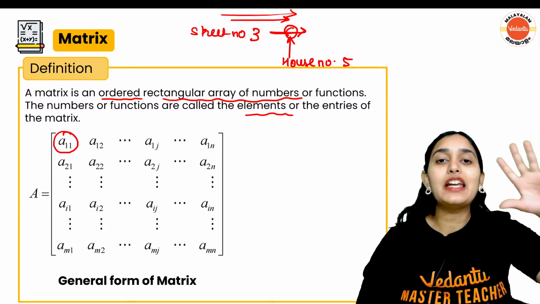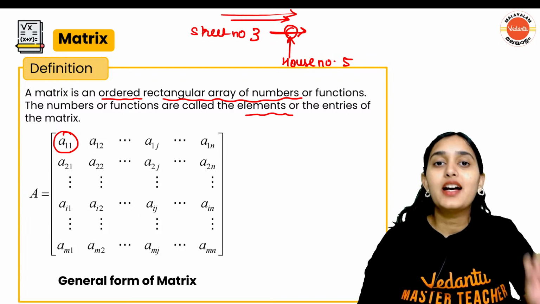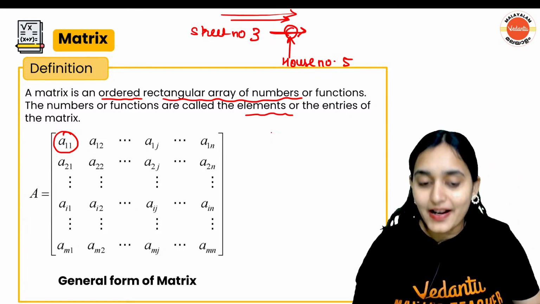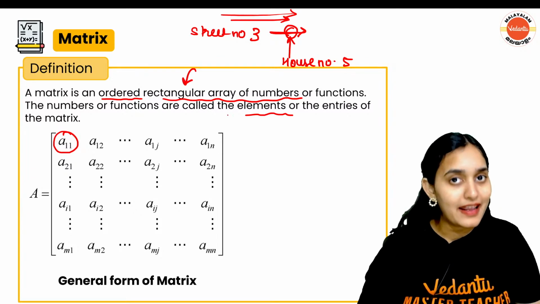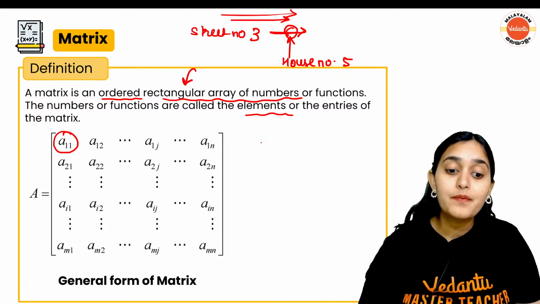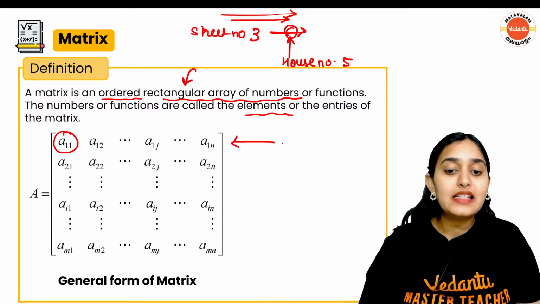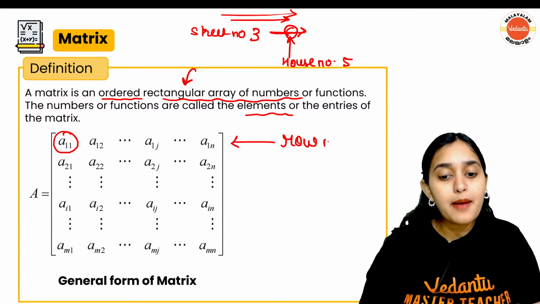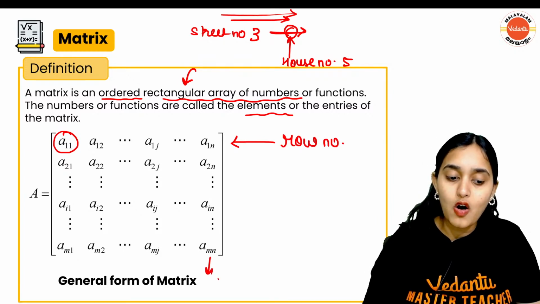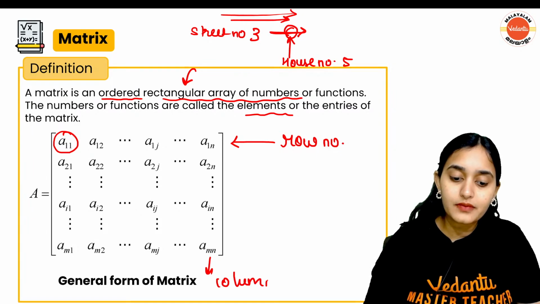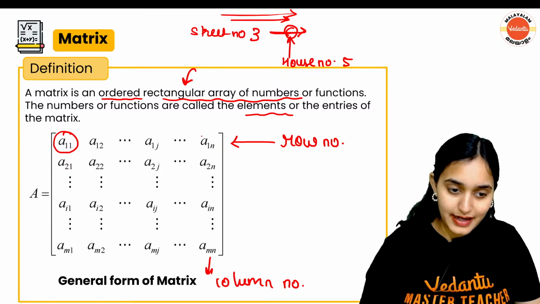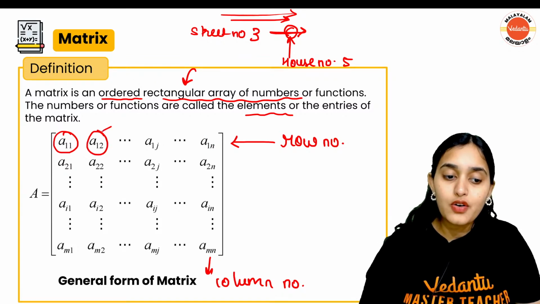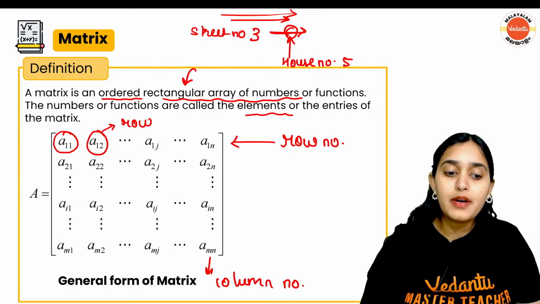So similarly, when we store an object, the best way to tell the address is to store it in a rectangular array form where the address is denoted by the row number and the column number they are stored at. For example, A12 denotes row number 1, column number 2.